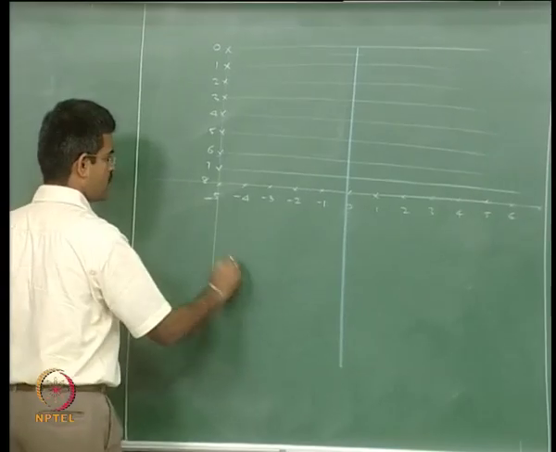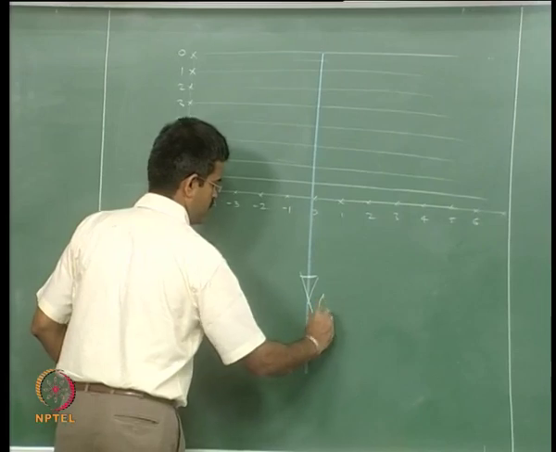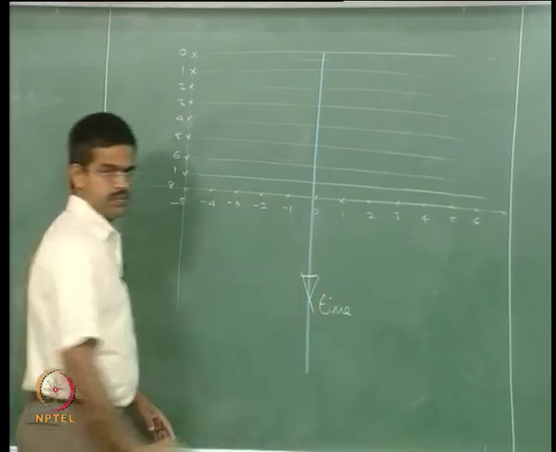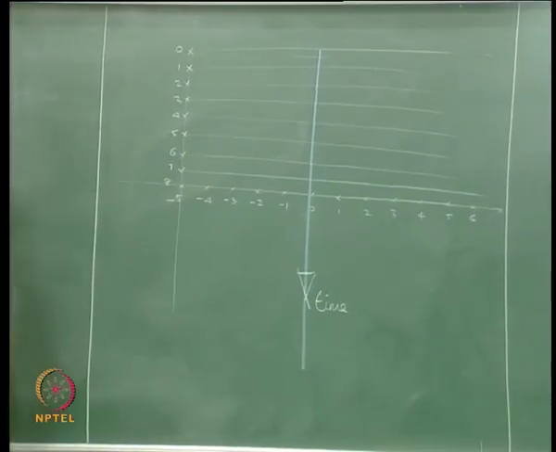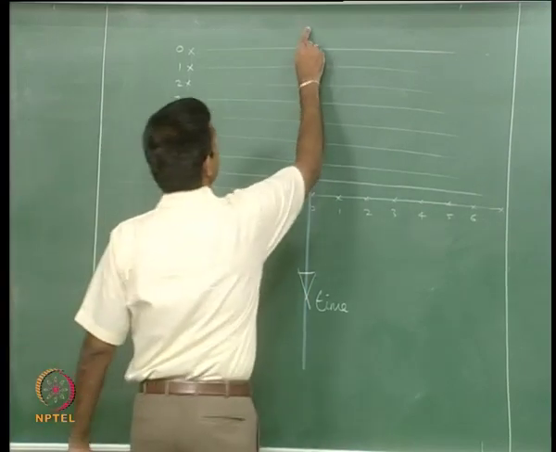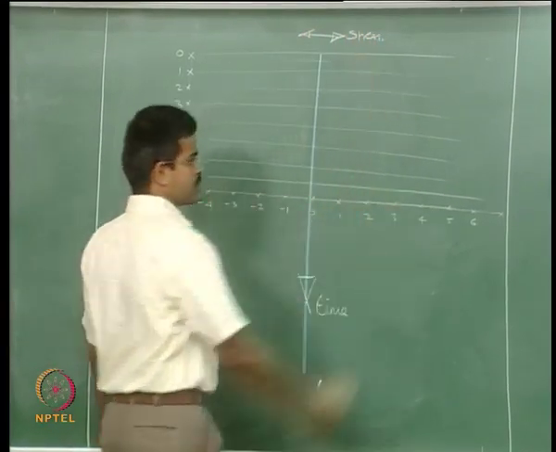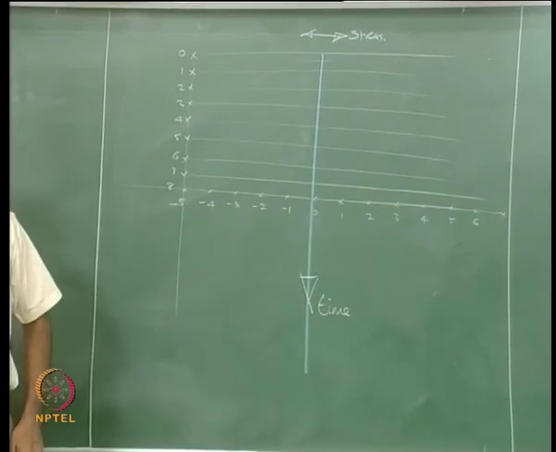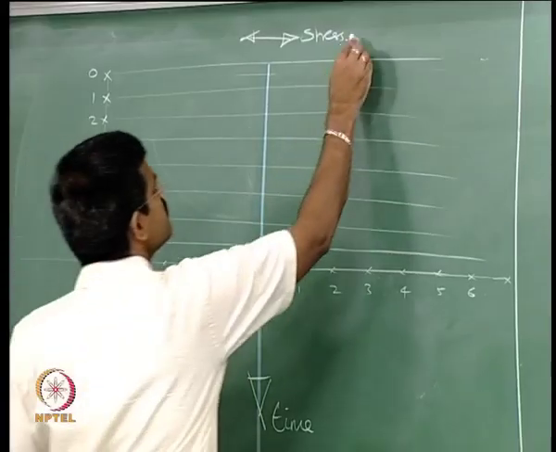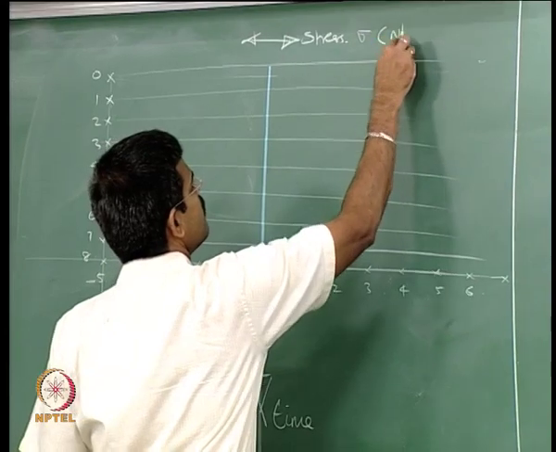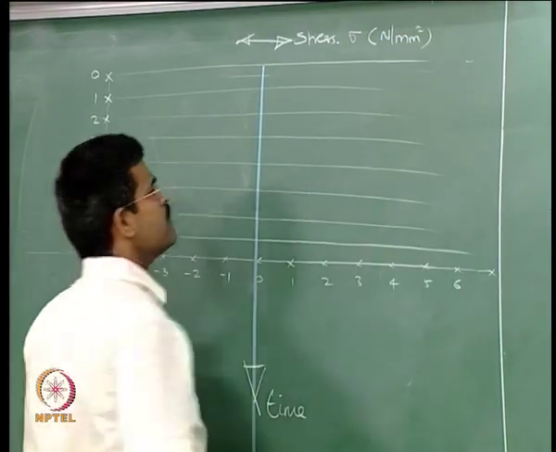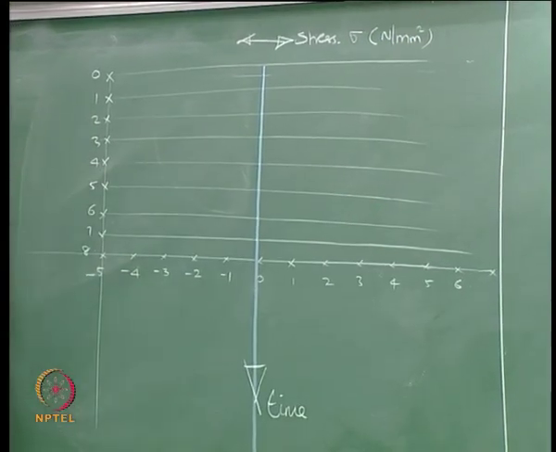So, this is obviously my time and this is my stress variation, which is sigma. For example, let us say it is in Newton per mm square.